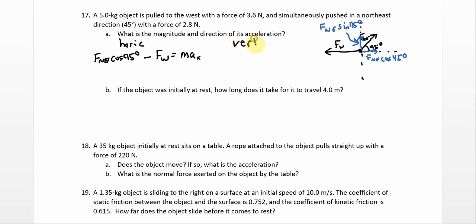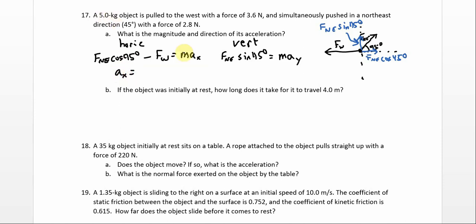And vertically, we only have Fne sine 45 degrees equaling mass times Ay. Okay, so I have all these numbers here, and I have the mass 5 kilograms, so all of this divided by 5 will give me Ax.